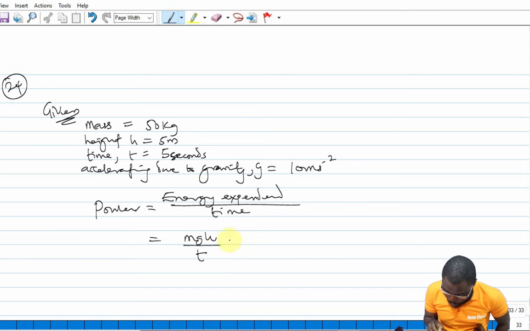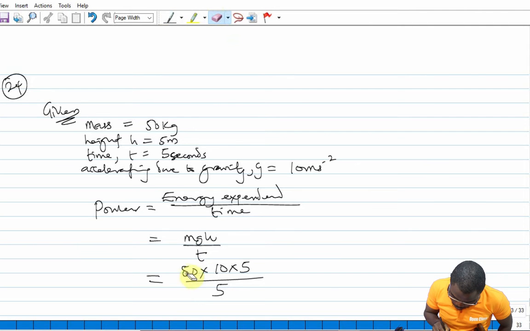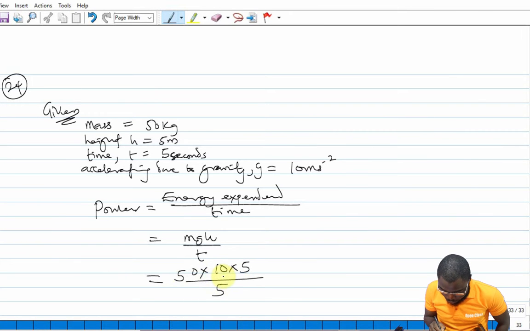So this equals m 50 times g 10 times height 5 divided by time 5. Let me write that properly so you don't mistake it as 80. That is 50 times 10 times 5 divided by 5.